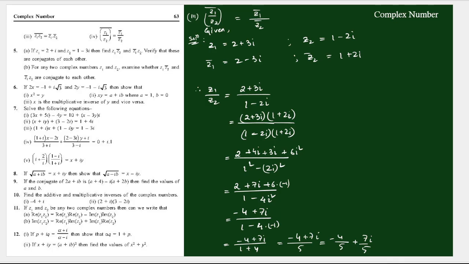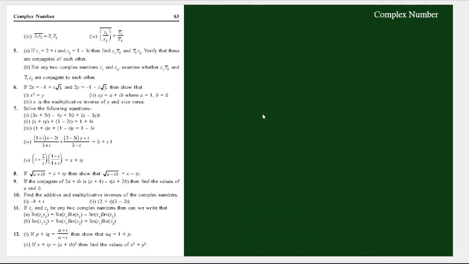Now they are conjugate. Okay. So now they are conjugate. z1 by z2.